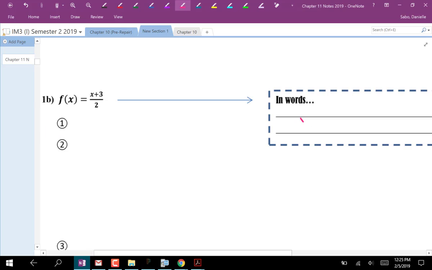So I'm going to say x plus 3 divided by 2. The reason why I split those two up is because you go in that order but the opposite, right? You go backwards. So now the very first step is to switch the x and y.